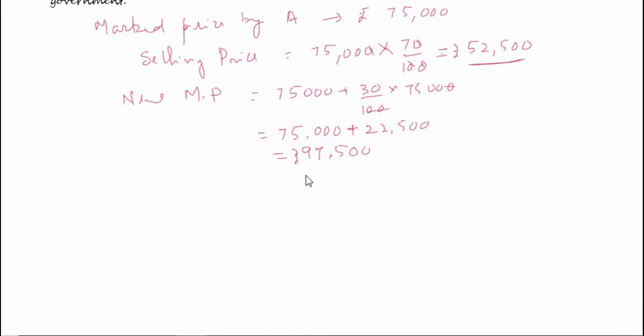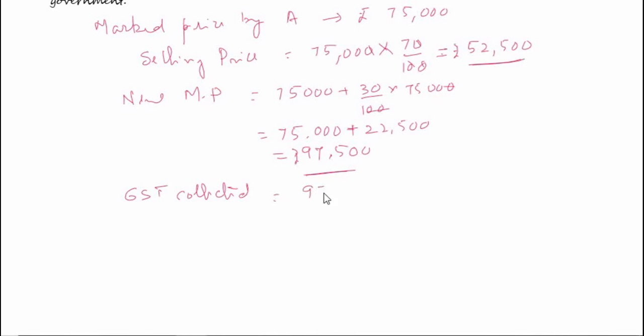He does not give any discount on this. Now, if he sells at this cost, what is the GST collected? GST collected in this case, GST is 5%.